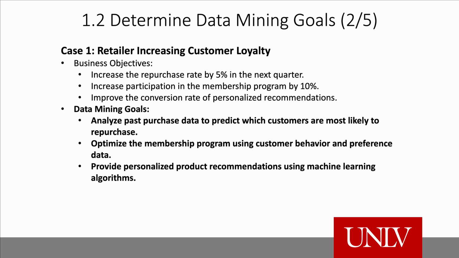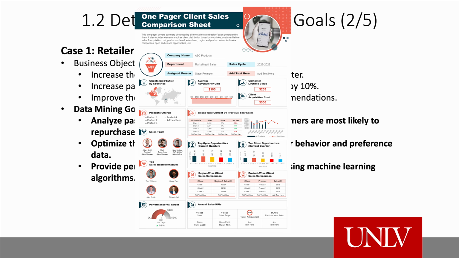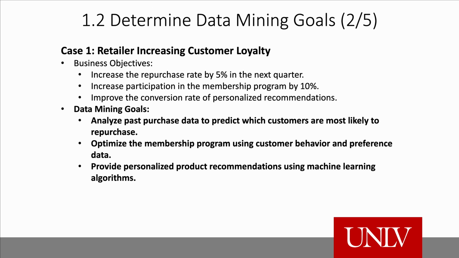Now, to reach these goals, they need to understand how customers behave, and that's where data mining comes in. First, we can look at the purchase history, frequency, and the customers' demographics to predict which customers are most likely to buy again. That way, they can send the right offers to the right people.